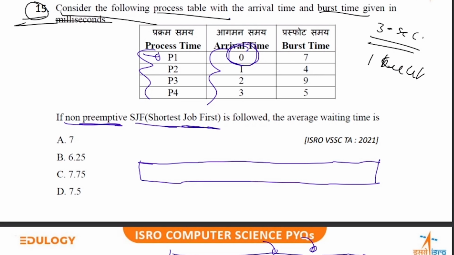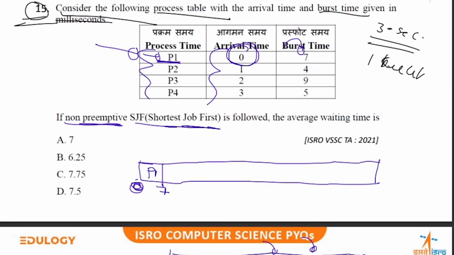So if process P1 takes the CPU first, it will run till it finishes its execution completely, so it will run till 7 time duration. Okay, so P1 is alive at 0 in the ready queue and it will be completed at 7.